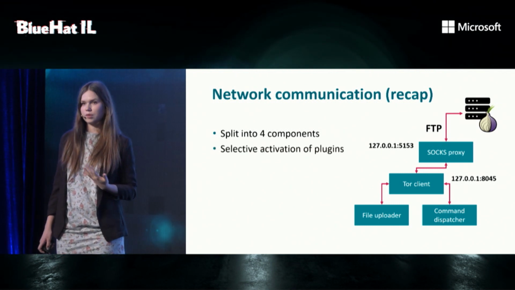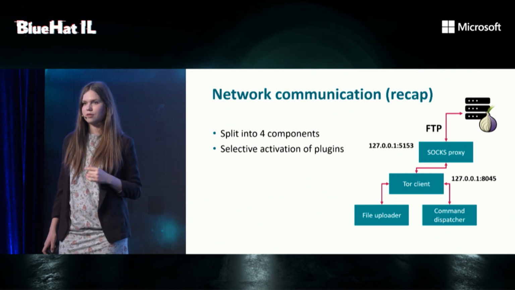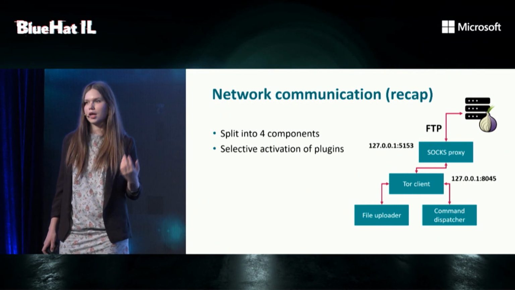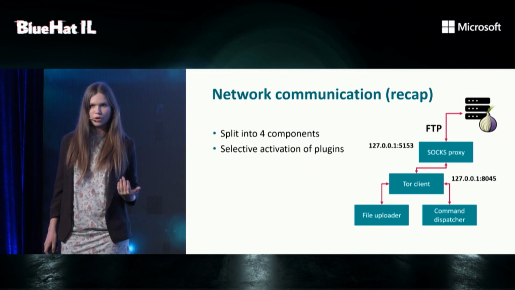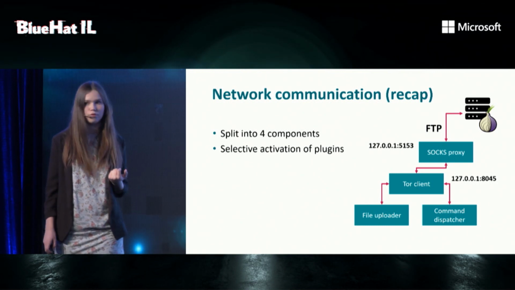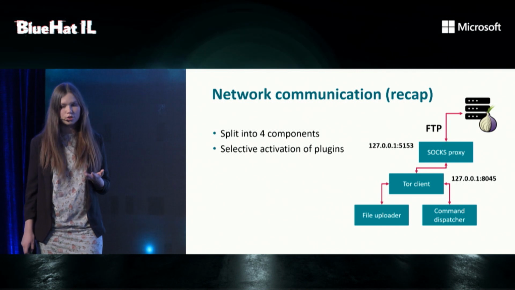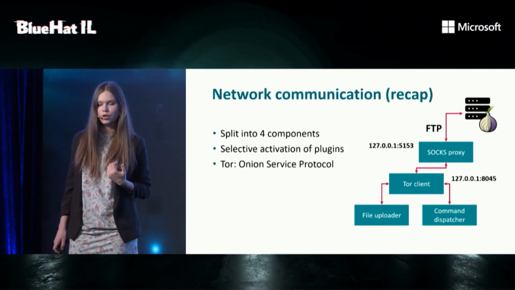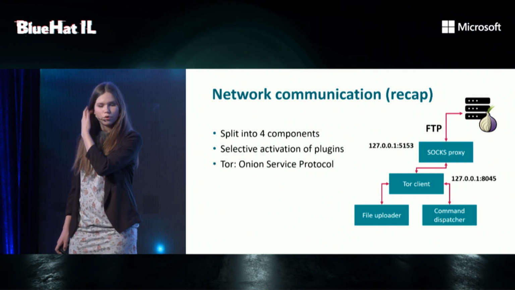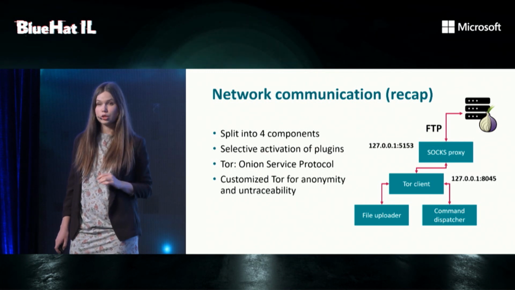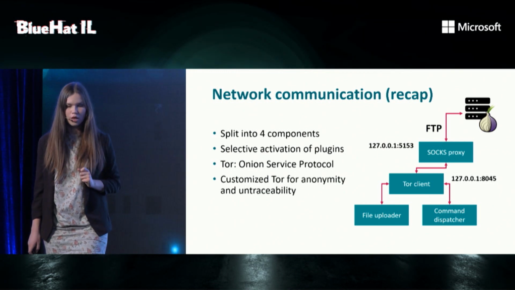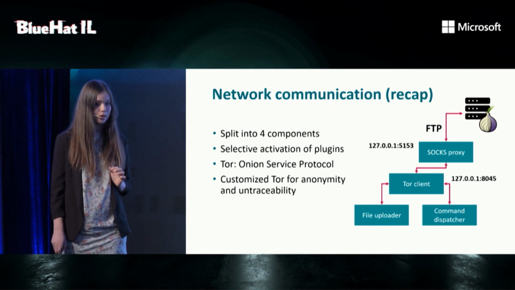I also already mentioned that these plugins only get activated in applications where they're able to hide the malicious traffic within a regular stream of network traffic. And also, the server is a Tor onion service, and it uses a customized Tor for anonymity and untraceability.